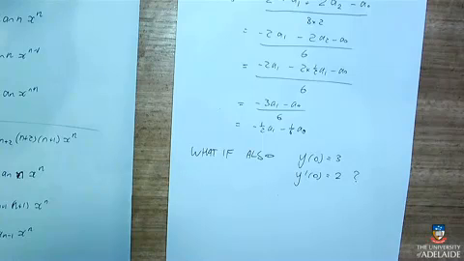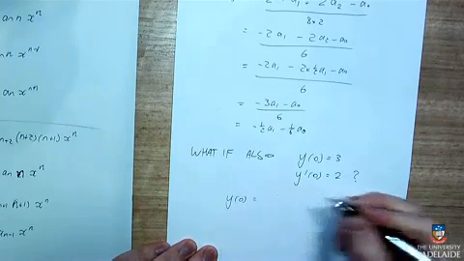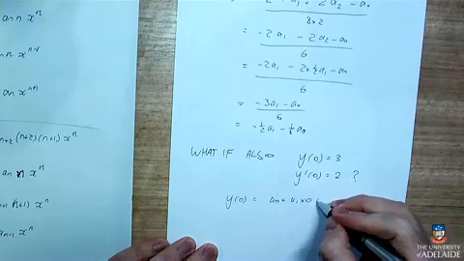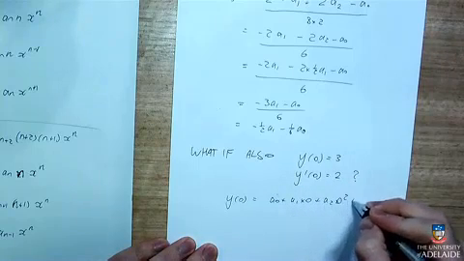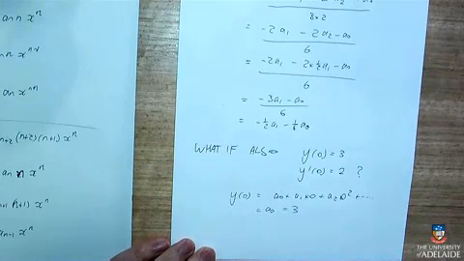Well, then that would be telling me what the A0 and the A1 were. So I know that y of 0 is A0 plus A1 times 0 plus A2 times 0 squared plus and so on, which is just A0, which was 3. And so A0 equals 3.